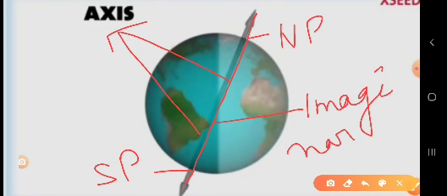Earth rotates on this imaginary line. This is called axis of earth. It keeps on rotating or spinning. Spin करता है, जैसे कि top spins on its axis. Similarly, earth also spins on its axis, and this axis is nothing but an imaginary line.